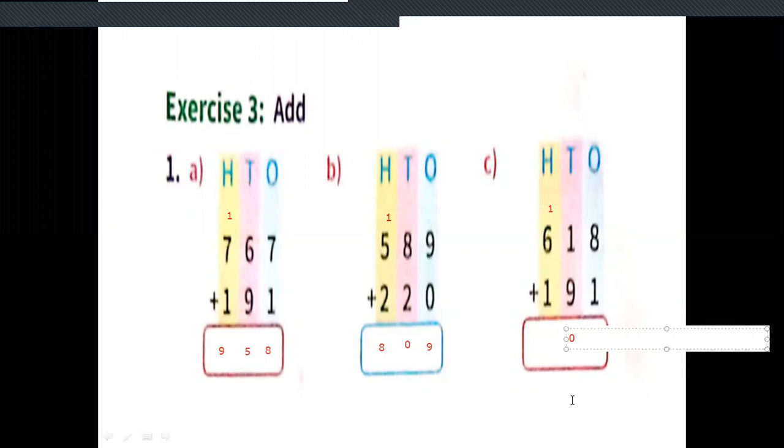So you are carrying over 1 to the hundreds place and 0 you are putting in the tens place. 1 plus 6 is 7. 7 plus 1 is 8. So here also the answer is 809. 618 plus 191 equal to 809.